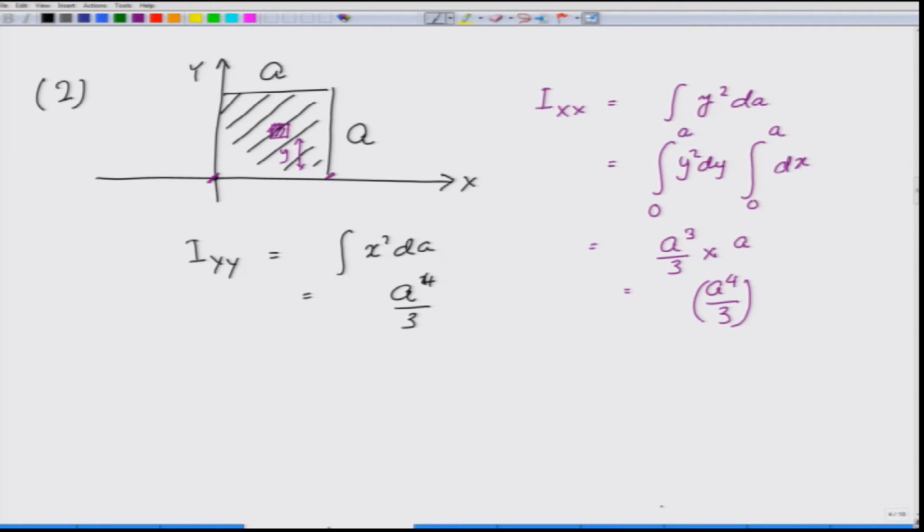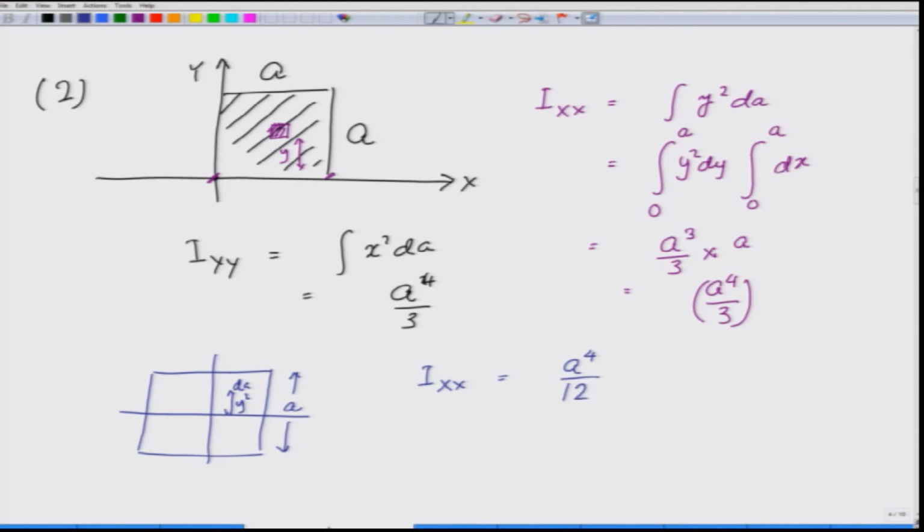How could I have gotten the same result from the previous problem? Just to find the relationship, remember in the previous problem I had a square like this and this side was a, and in this case Ixx, which is actually measuring y square times dA, was equal to a raised to 4 over 12. If I take this half side to be b, then a is 2b.